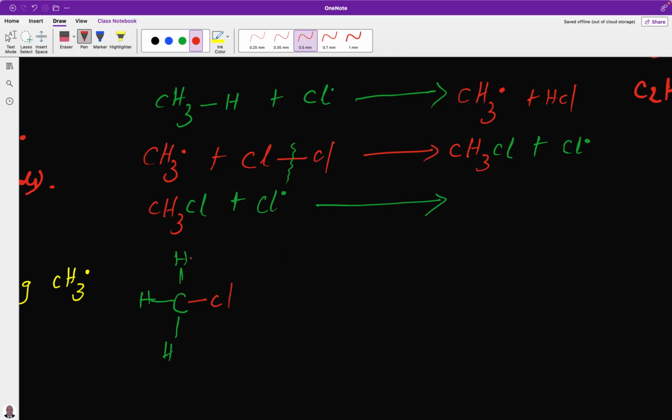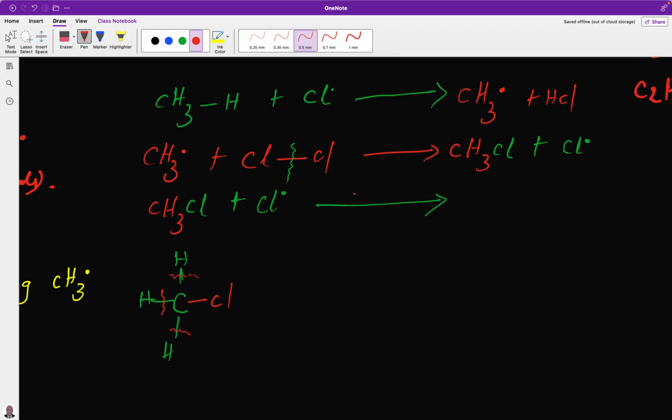In this case, what happens? The CH bond always breaks. So now one chlorine has been substituted and one hydrogen has been substituted. When we substitute one, the next one will be this one. That is how it is supposed to be.